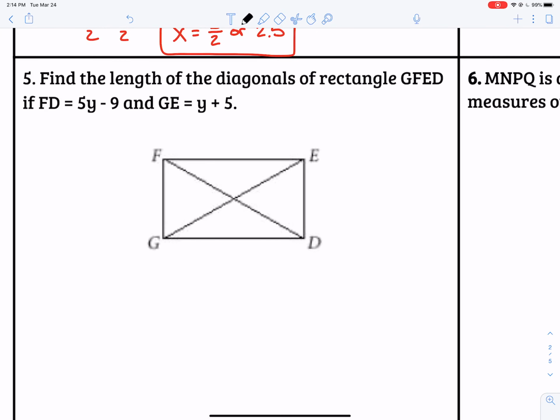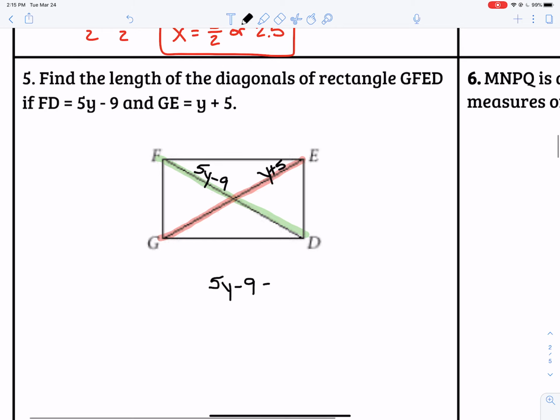Number 5 says find the length of the diagonals of rectangle GFED if FD, so that's that whole diagonal, is 5y minus 9. And they said GE, so again, that's the whole diagonal, is y plus 5. So it's a very similar problem to the one we just worked out. So let's start by setting them equal to one another, because we know that they've said it's a rectangle, so the diagonals are equal to one another.